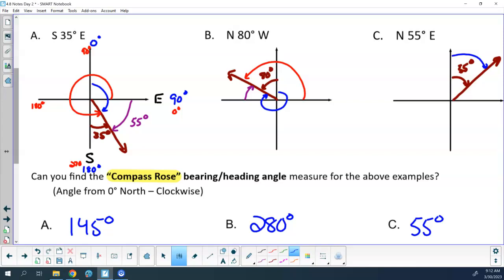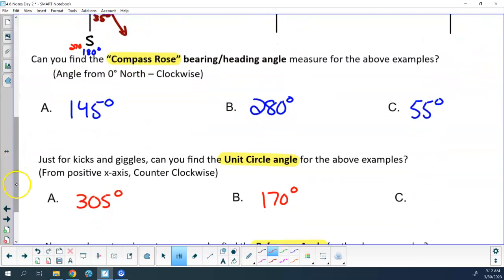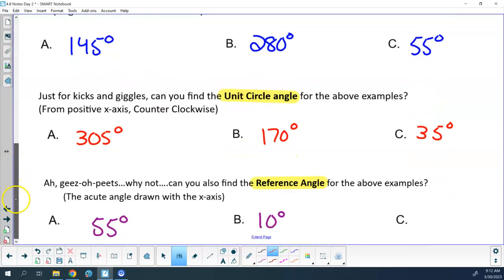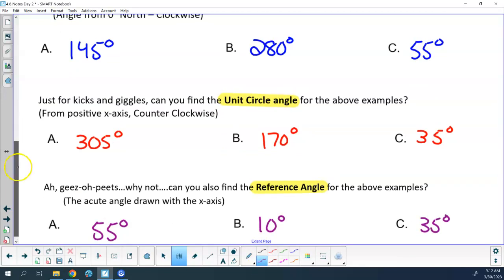My trig would be there, and that would be what, 35? My reference angle, since we're in quadrant 1, would also be 35. Agree?